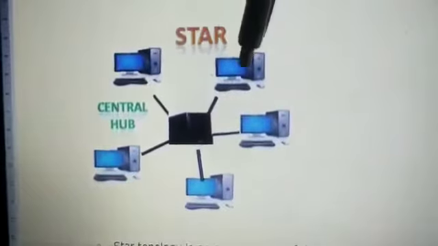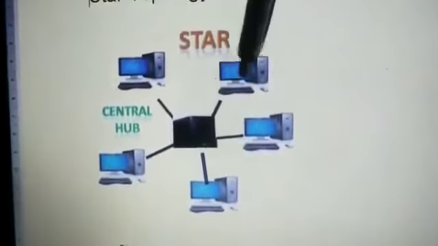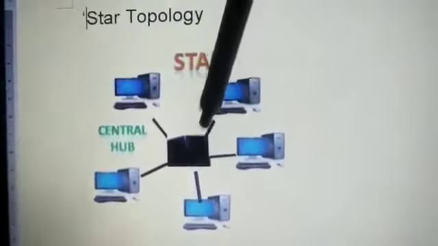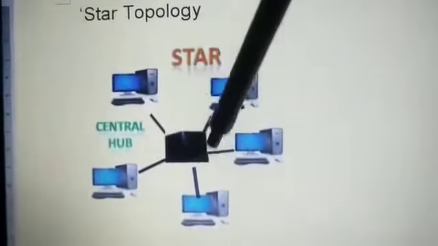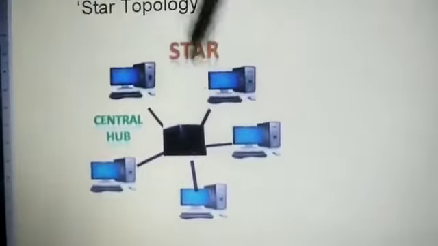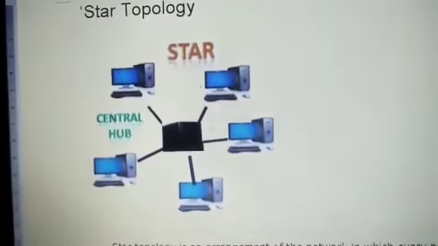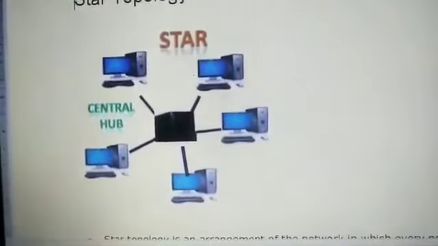Suppose I rename it as system A or node A, then from hub to node A there is a single pathway. This pathway is used for the communication between hub and node A or workstation A. So for each and every node, or you can say workstation, this dedicated point-to-point pathway is there.